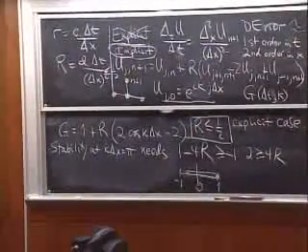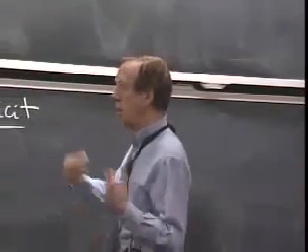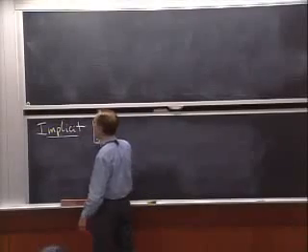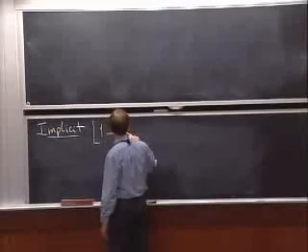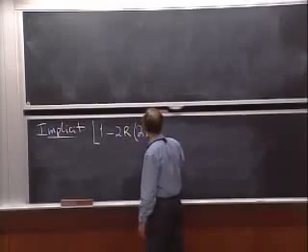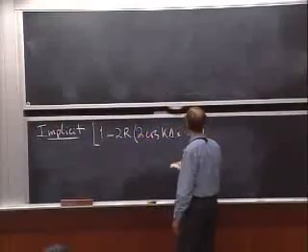So we have, in Fourier space, 1 from the u j n plus 1, and then minus 2r, and times our expression 2 cosine k delta x minus 2.